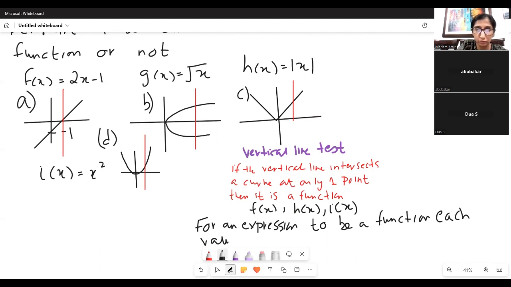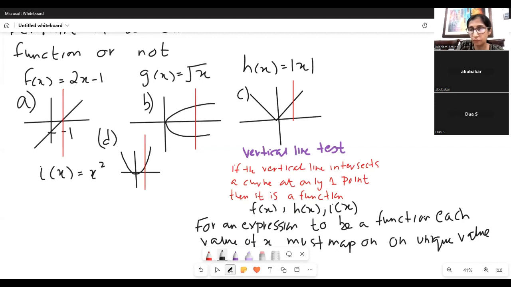This is what you write. If you're asked to explain whether this curve is a function or not, you write, since each value of x is mapping on a unique value of y, it is a function. You do not write that since it's passing a vertical line test, it is a function. Give this proper statement.